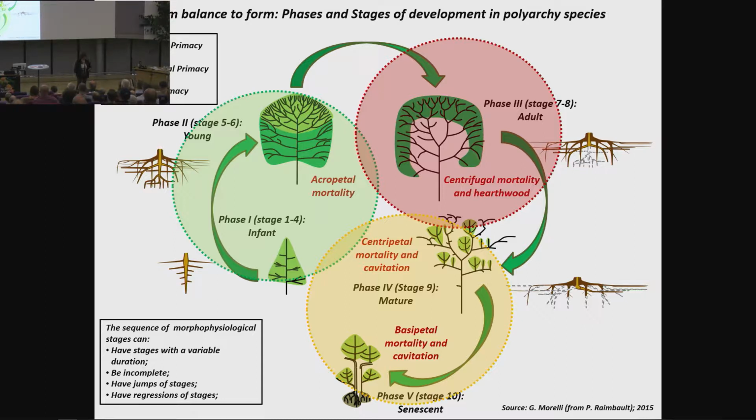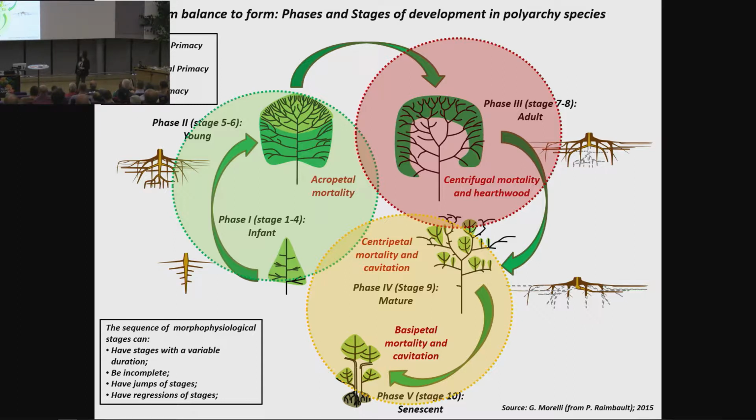In the early stages, we can say that the hormonal balance would be the most important and would affect the tree the most. Of course, the stages describe the crown, but also the root system, in the early stages and then later on.